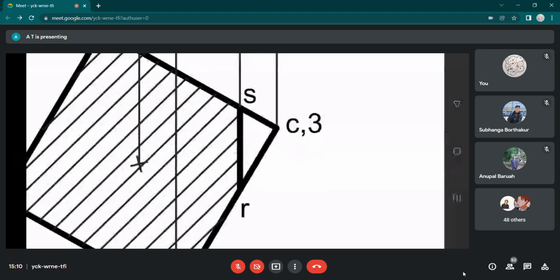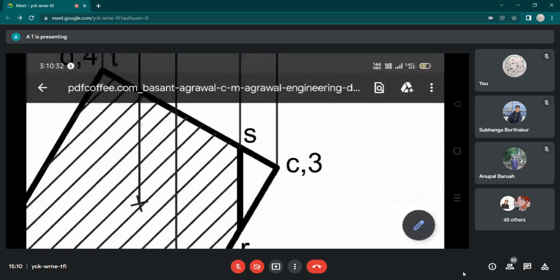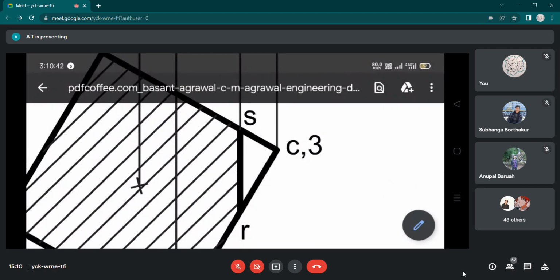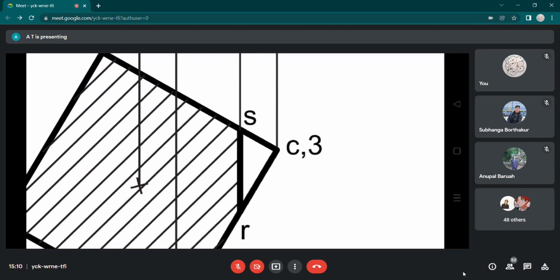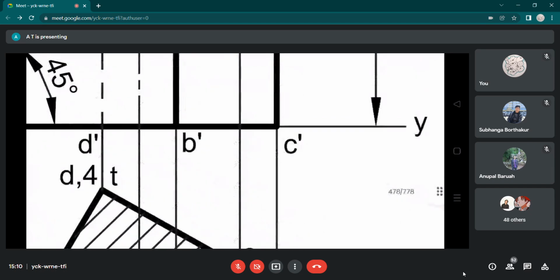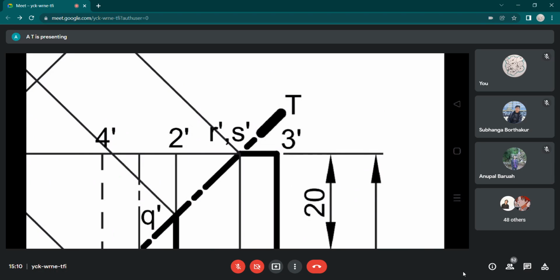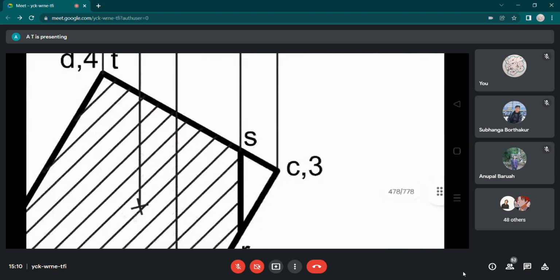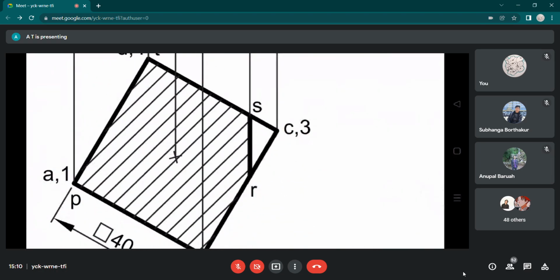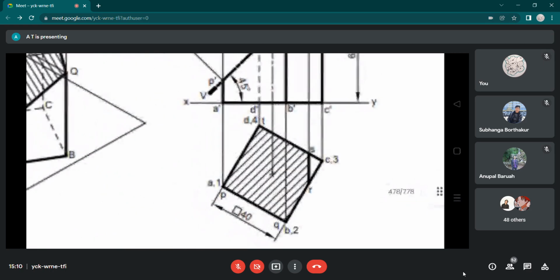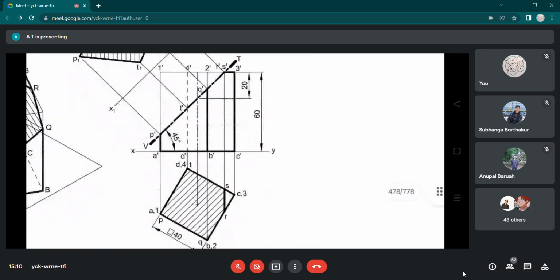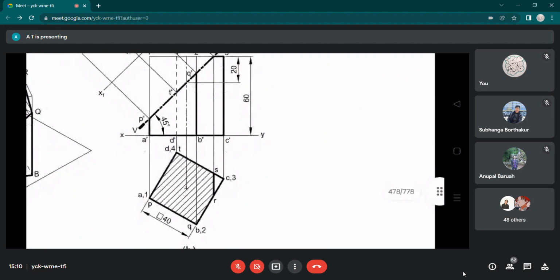Now you are getting S and R, okay, from this front view. Understood or not up to this? Don't look at this.